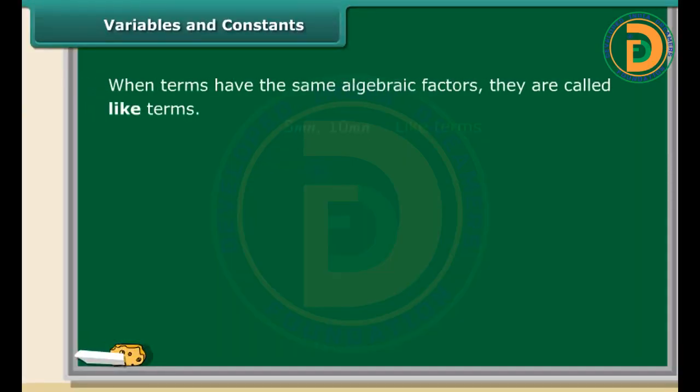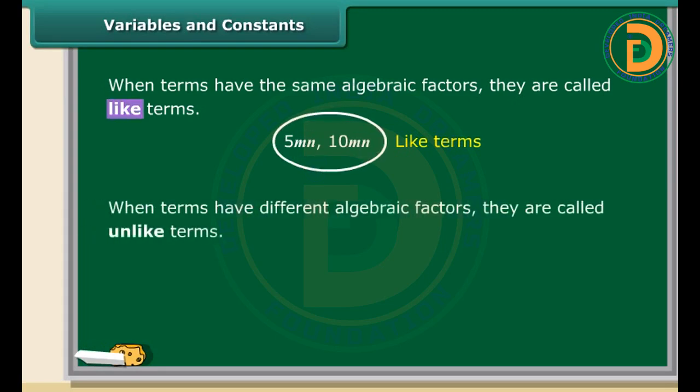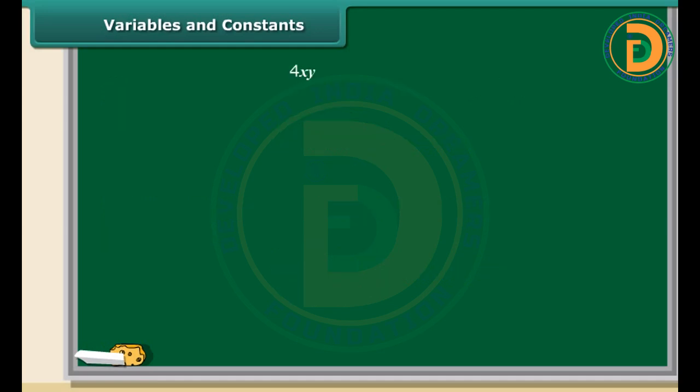When terms have the same algebraic factors, they are called like terms, and when terms have different algebraic factors, they are called unlike terms. Let us see an example. We have an expression 4xy minus 5x plus 3xy plus 2. Now, look at the terms 4xy and 3xy. The factors of 4xy are 4, x and y.